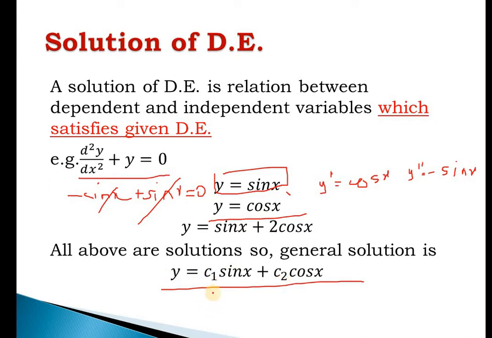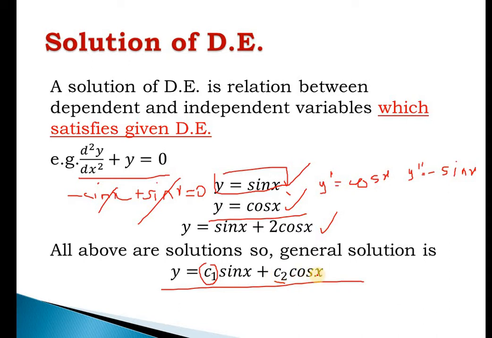If I put c1 is 1, c2 is 0, I get the first solution. If I put c1 0, c2 1, I get cos x. If I put c1 1, c2 2, I get sin x plus 2 cos x. So you can substitute any values of c1, c2 for any combination. There are infinite solutions, but the general solution is unique, which is c1 sin x plus c2 cos x.